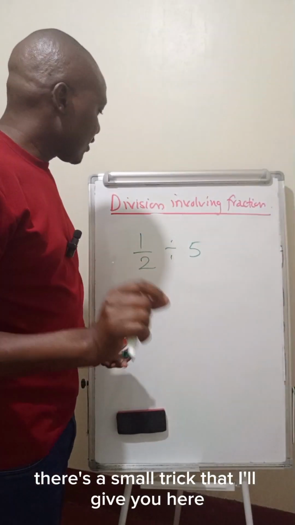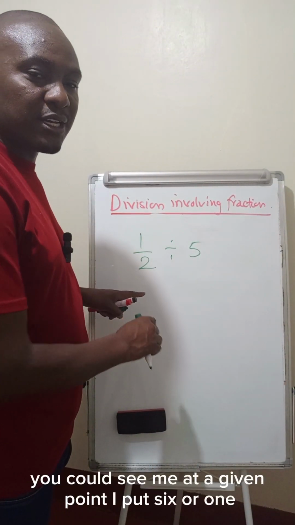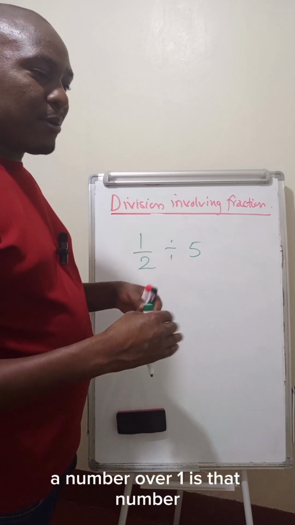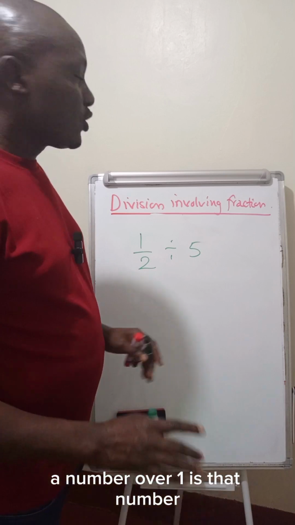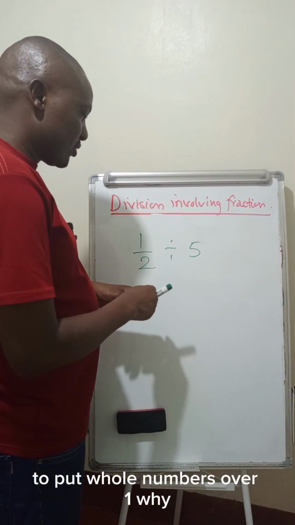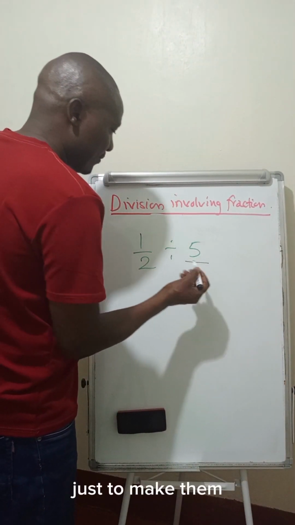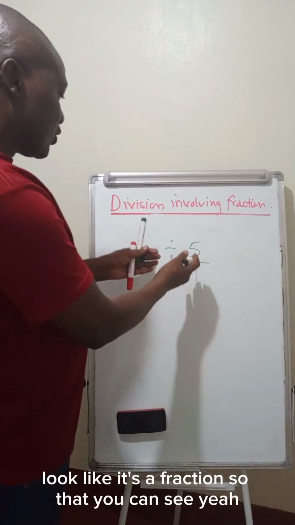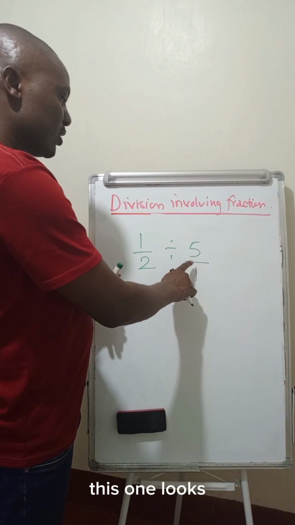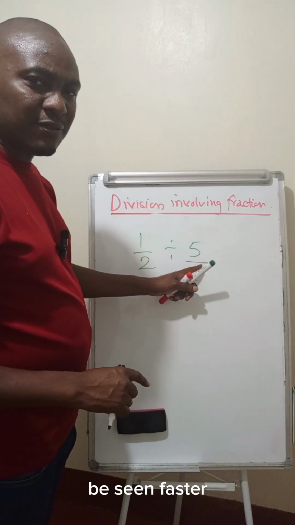Just a small trick that I will give you here. In the previous question, you could see at a given point, I put 6/1. Like I said, a number over 1 is that number. So I always advise my learners to put whole numbers over 1. Why? Just to make them look like a fraction so that the reciprocal can be seen faster.